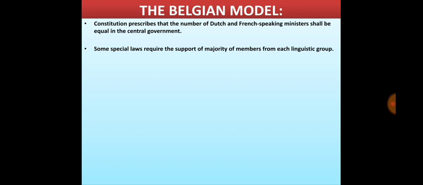Some special laws require the support of the majority of members from each linguistic group. Means if they want to amend anything or bring in a new policy, they need the support of the majority of members of each linguistic group. So no group will create anything that disrespects the other community.